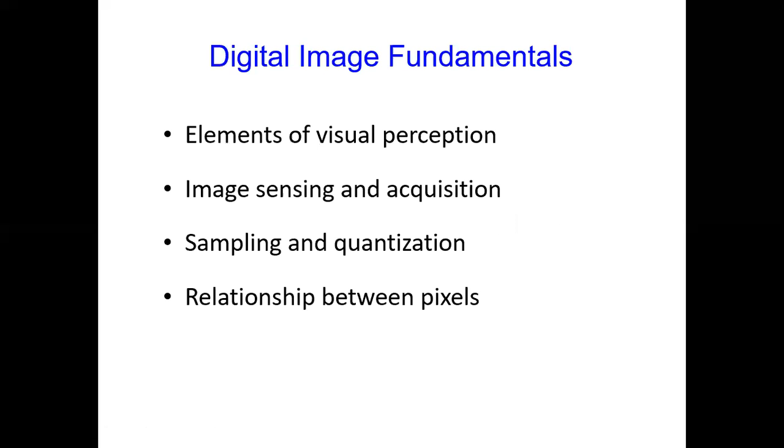What is a digital image, and what are the fundamentals of a digital image? These are the basic digital image fundamentals: elements of visual perception, image sensing and acquisition, sampling and quantization, and relationship between pixels.